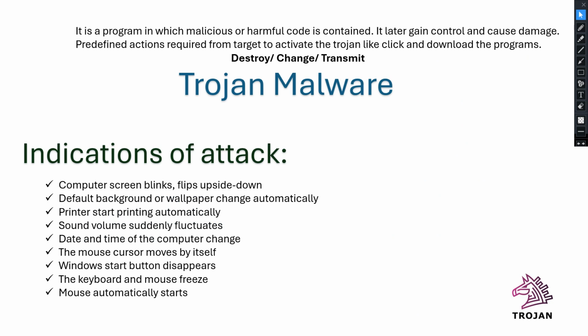It is basically a program in which the malicious code or harmful code is contained. It later gained control and caused damage. Predefined actions required from target to activate the Trojans, like click and download the program. And the effect would be destroy, change, and transmit.